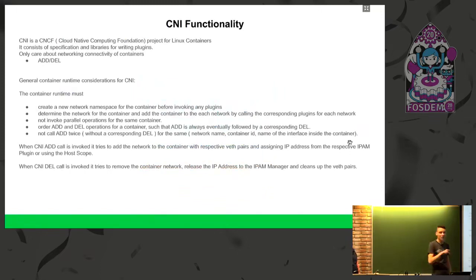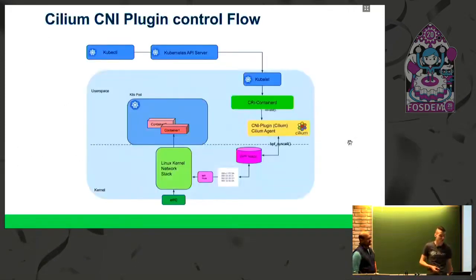And speaking about CNI itself, maybe it's too much to talk about because we have 5 minutes left, but CNI is the specification used by Kubernetes for creating or deleting the network interfaces, and CNI plugins are responsible for creating the network interface and getting the IP address, and Cilium is implementing all of that.